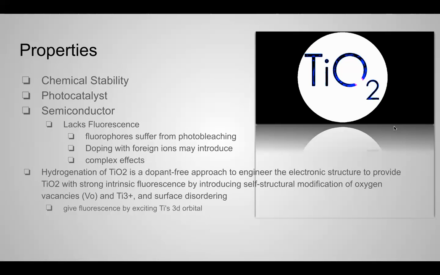It's a dopant-free approach to engineer the electronic structure to provide titanium dioxide with strong and steady fluorescence by introducing self-structural modification of oxygen vacancy VO, titanium 3 plus, and sulfate surface disordering. This will give fluorescence by exciting the titanium 3D orbital.